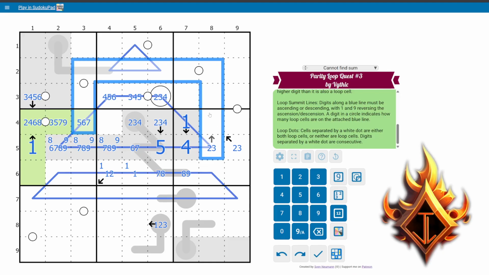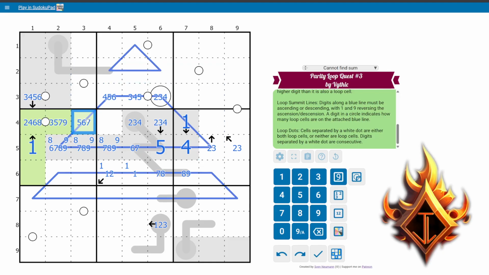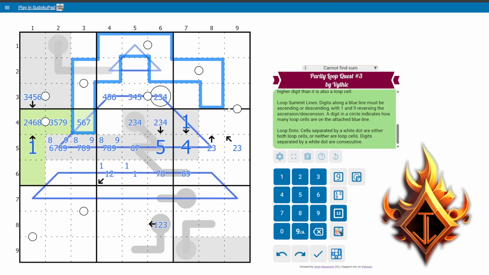But that would be 2 and 3. Or that would not work.